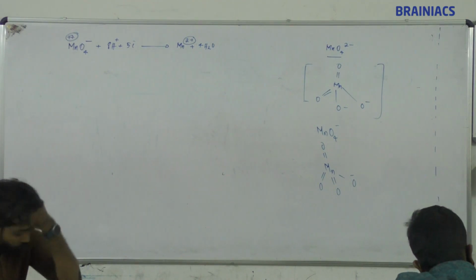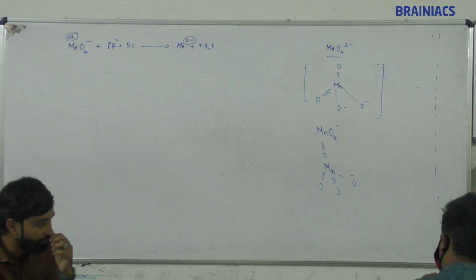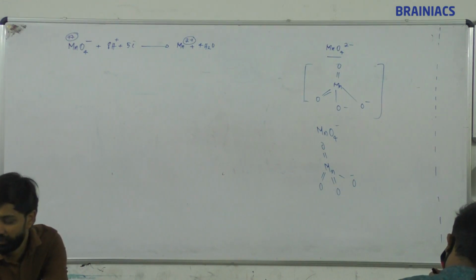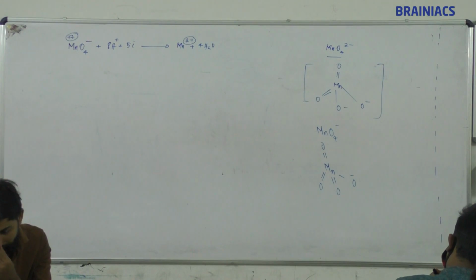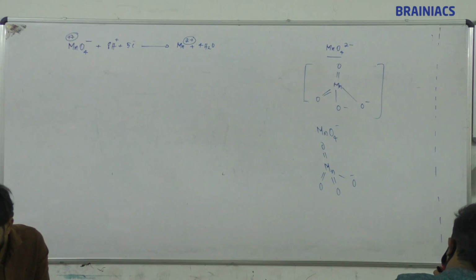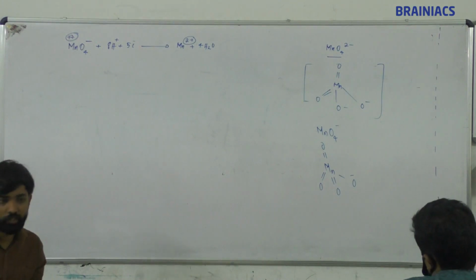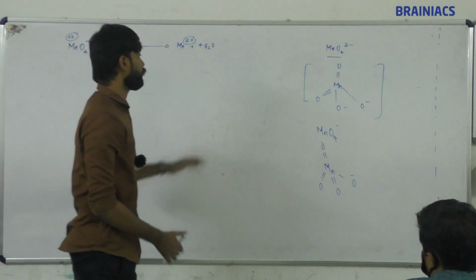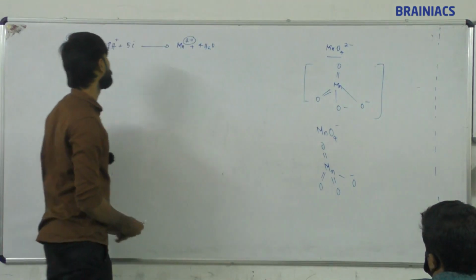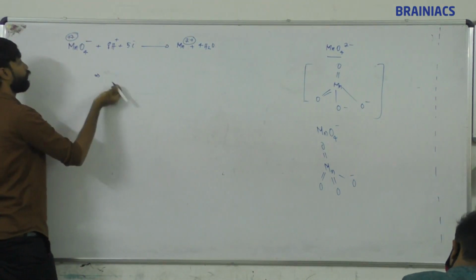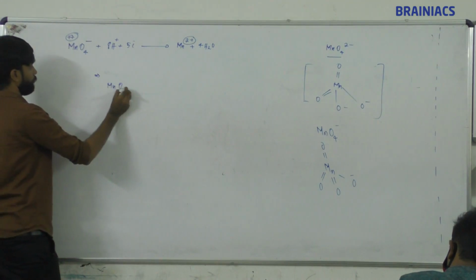Number 2, in neutral or slightly alkaline medium, MnO4 minus becomes Mn4 plus, that is MnO2.